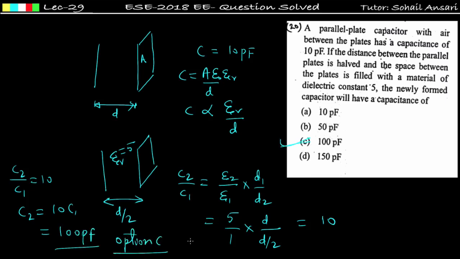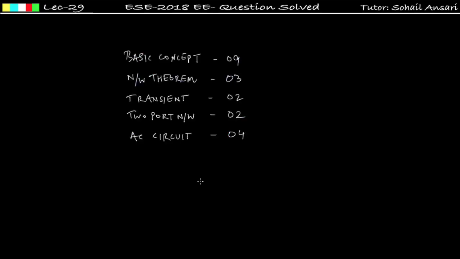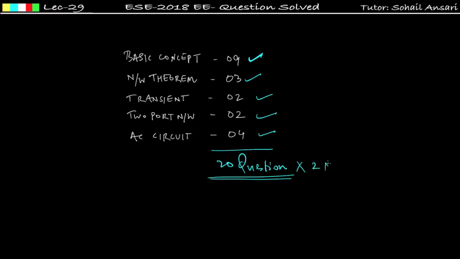So in this way you can solve the previous year ESE problems that were asked in 2018 from the subject network theory. If I have to conclude how many questions were asked in ESE 2018 from network theory: from the basic concept, 9 questions have been asked, from network theorem 3 questions, transient 2, two-port network 2 questions and AC circuit 4 questions. So a total of 20 questions have been asked in ESE prelims in the EE domain and one question carries 2 marks.